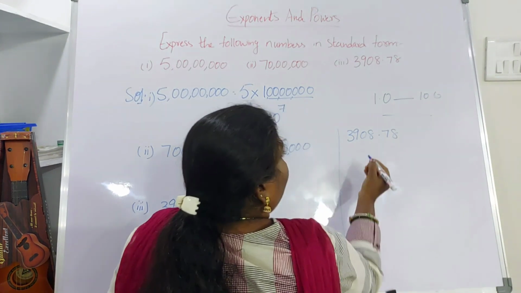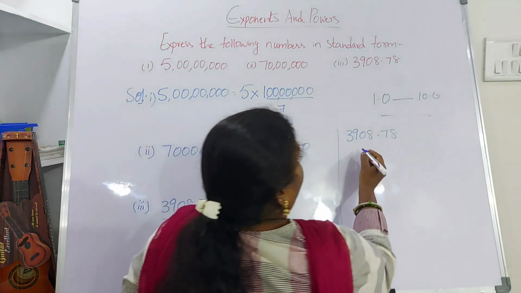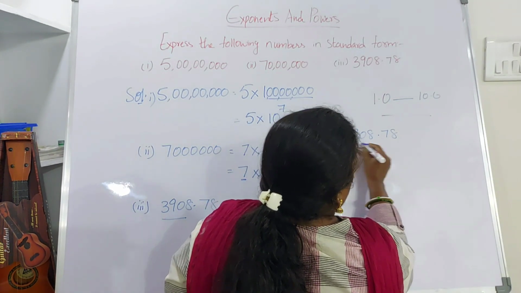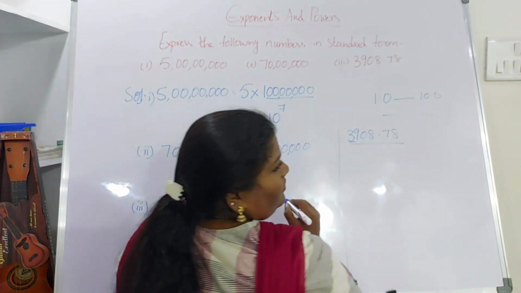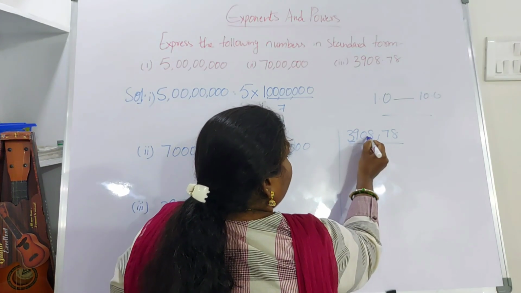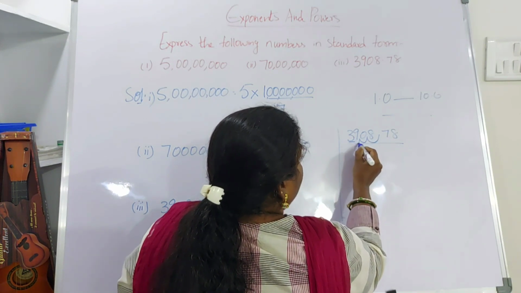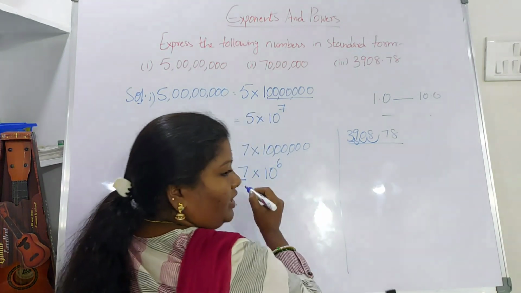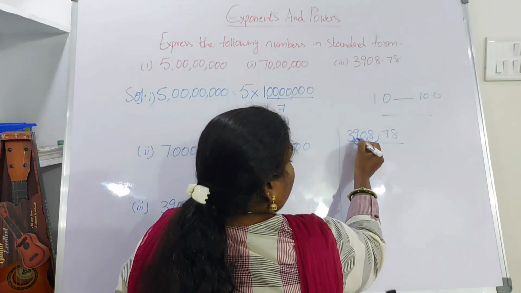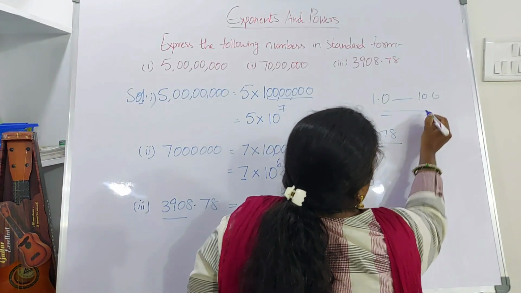3908.78. Now I need to decrease the number. How to decrease? I can divide this number. Now I want 3 point something. So how many places should the point be moved? 1 2 3. So the point has to be shifted to the front by 3 places to make the number within the range.